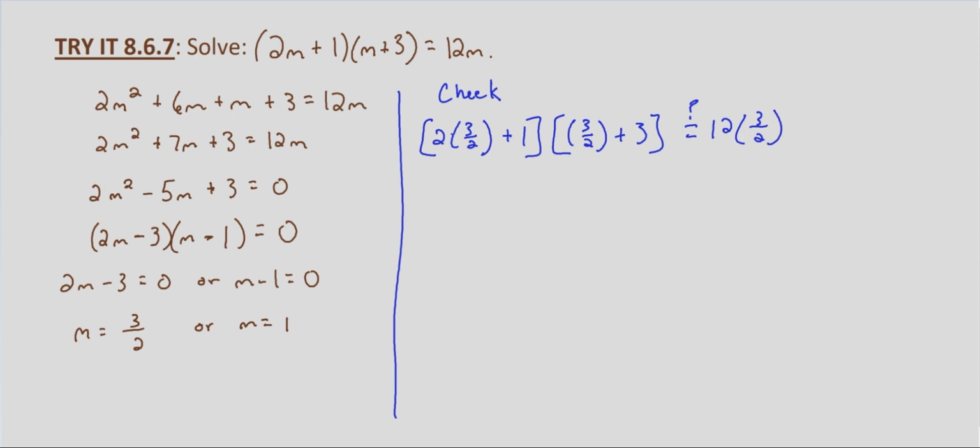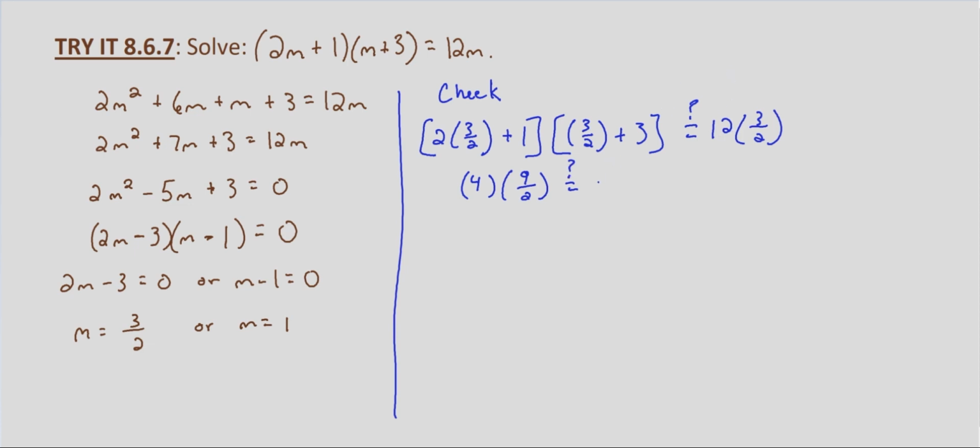So 2 times 3 halves is 3. 2 divided by 2 is 1, which leaves us with 3. Plus 1 is 4. 3 halves plus 3, that's going to be 3 halves plus 6 halves, which is 9 halves. So 4 times 9 halves. We want to know, does that equal 12 times 3 halves?